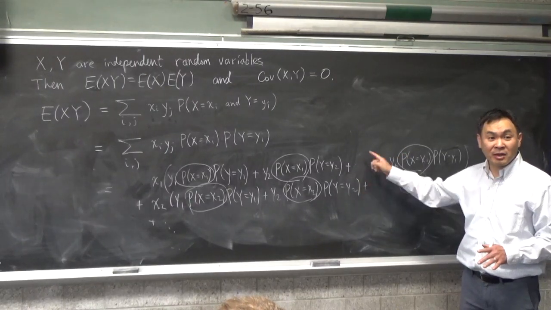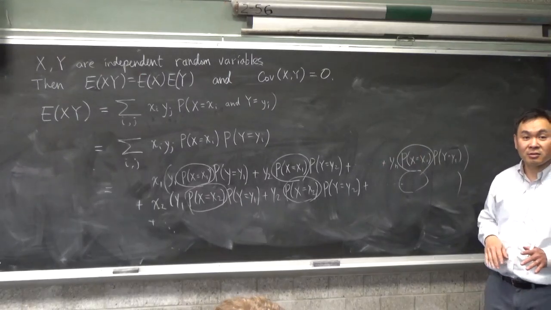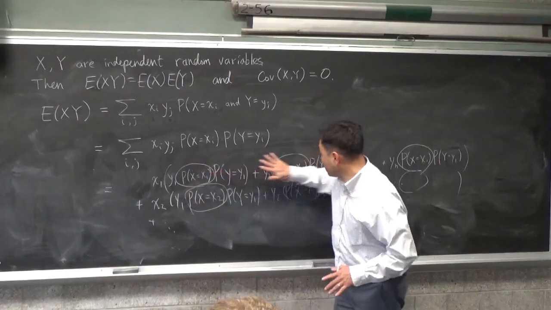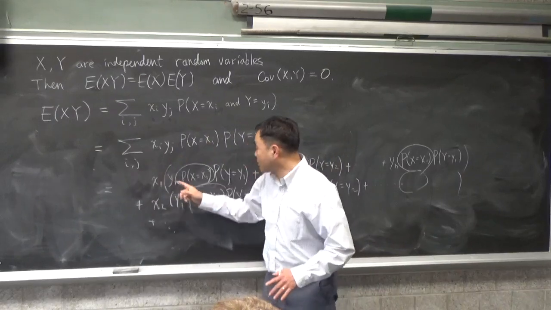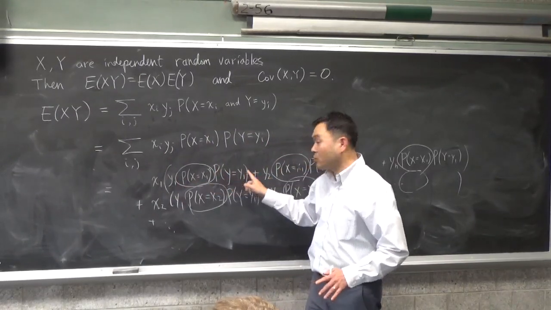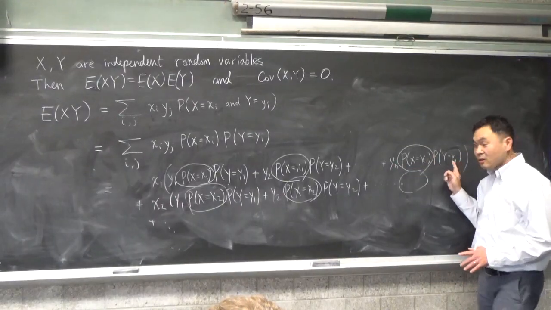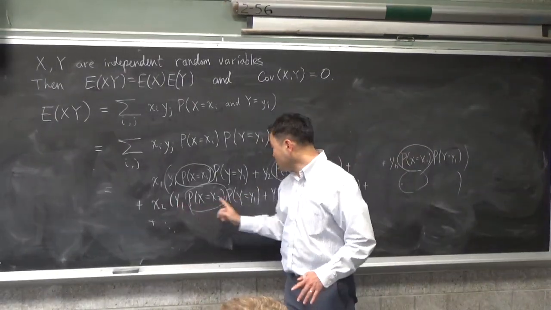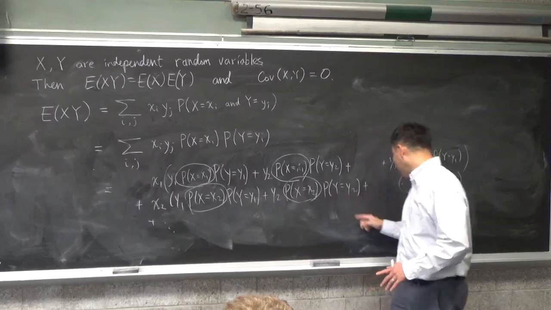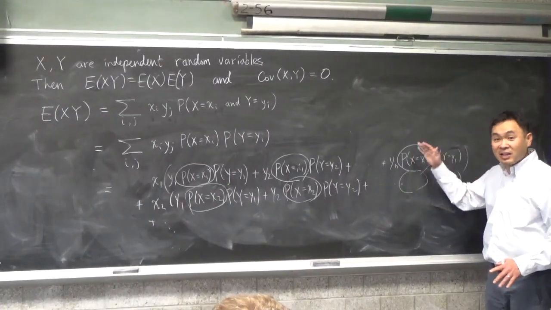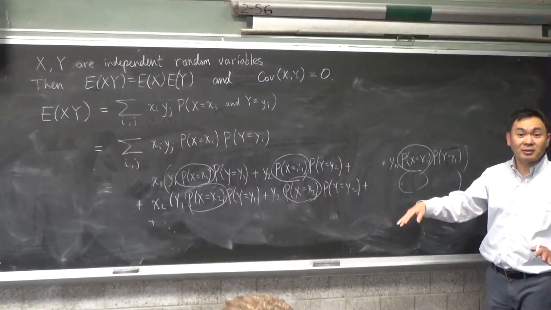Once I pull it outside, what's left is y1 P(y1), y2 P(y2) until yn P(yn). Same thing here, y1 P(y1), y2 P(y2), yn P(yn). Exactly the same after you factor it out, right?